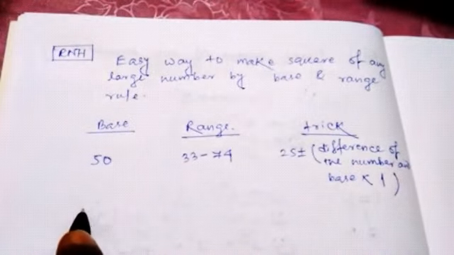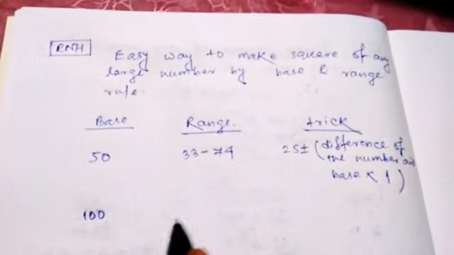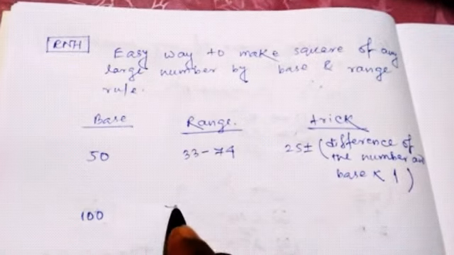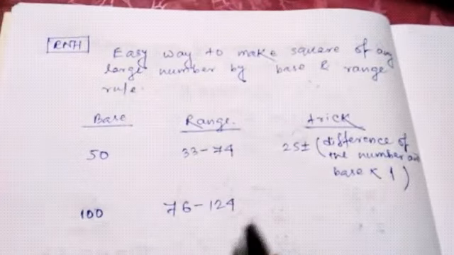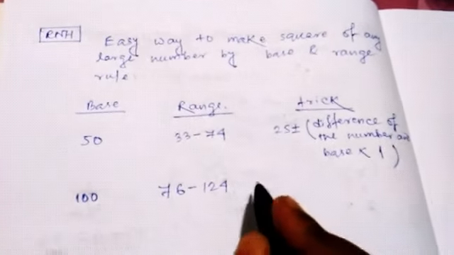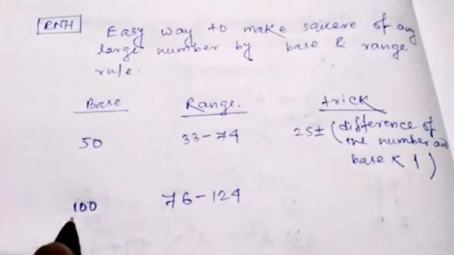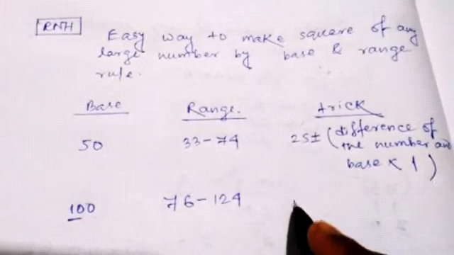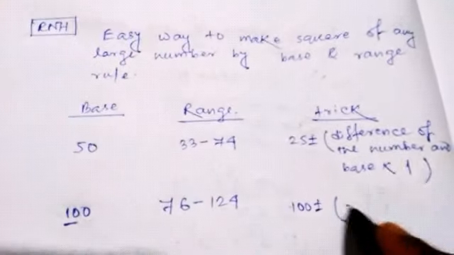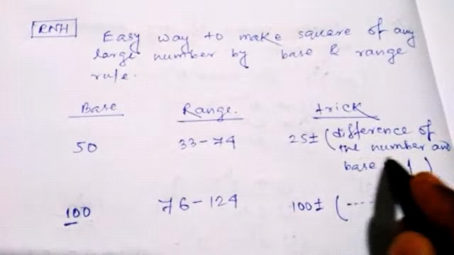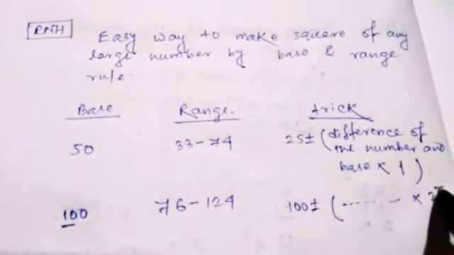Then the base is 100 and the range will be 76 to 124. And the trick will be 10 square, that is 100, plus minus the same thing, the difference of the number and the base into 2.